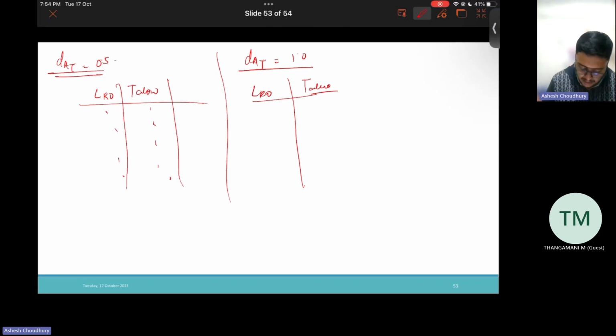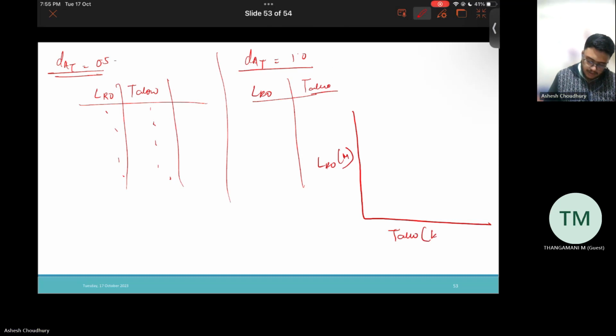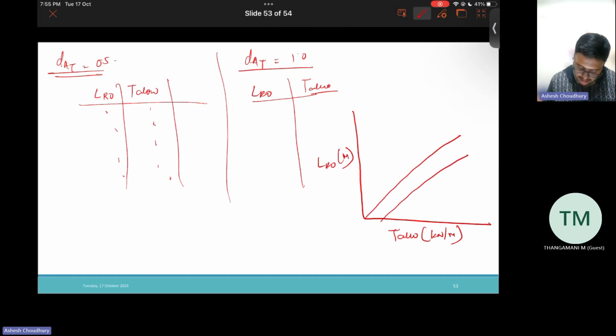So finally we can make a chart. Here we can have LR naught in meter, and here we can have TLR in kilonewton per meter. So we will see that we are getting some graph like this, like this, like this. This is for DAT equal to 0.